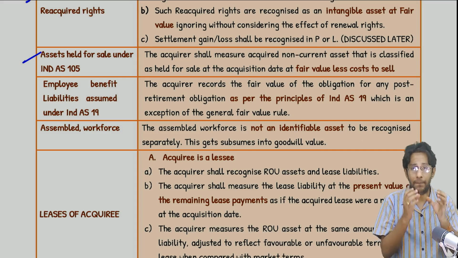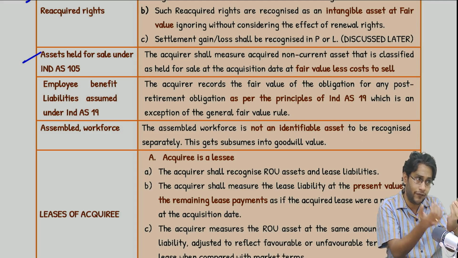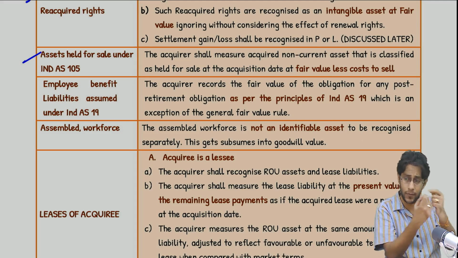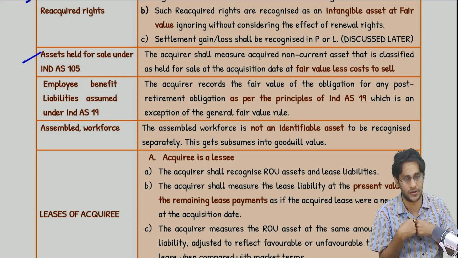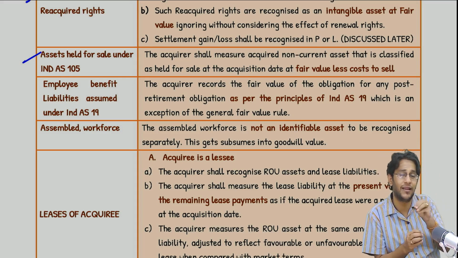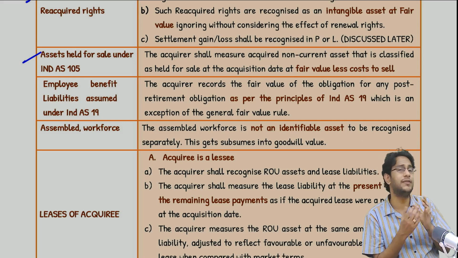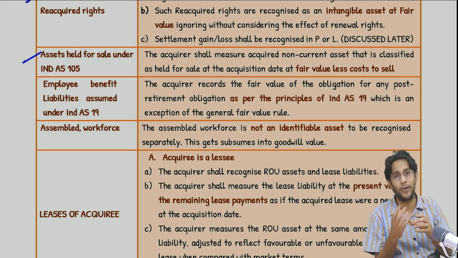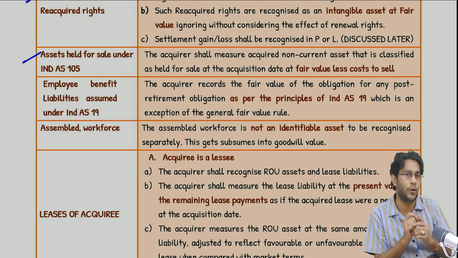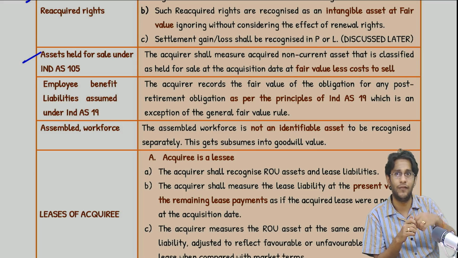So liability or assets under Ind AS 19, when you are taking them over from the selling company and incorporating such liability into your books, you will take them over not at fair value but at the value determined in accordance with Ind AS 19. Because when we say fair value, we actually have to apply the definition of fair value as given under Ind AS 113. Ind AS 113 fair value of an asset is the value you get if you sell the asset.